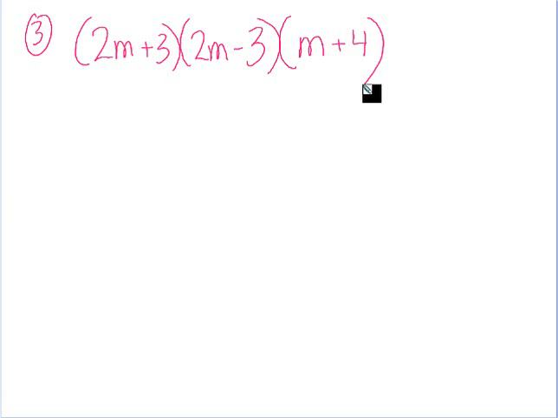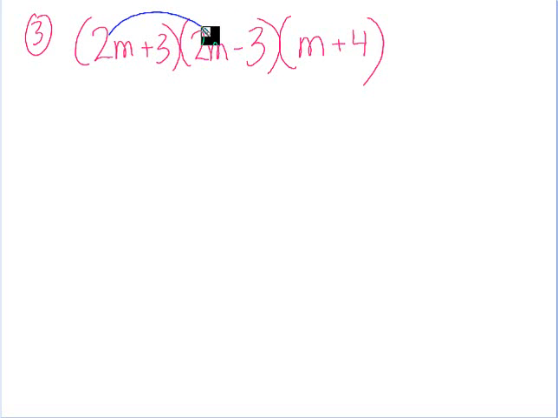Good. So we're going to start off by just doing the first two, and we'll distribute these two. Once we get that answer, then we'll take that and distribute it to the m plus 4.